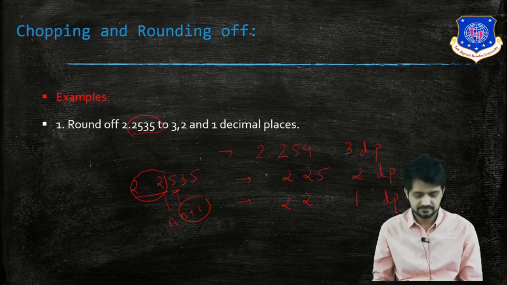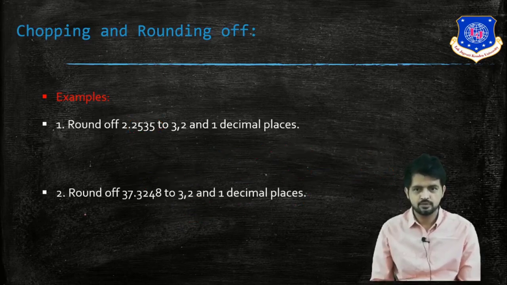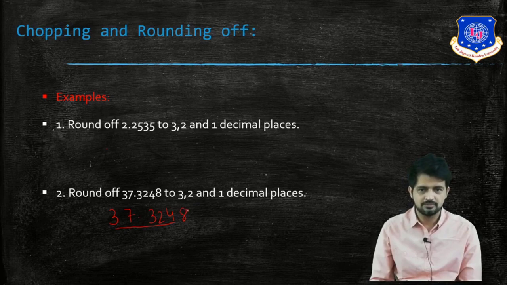Clear? Next example, you have to round off the number 37.3248 to 3, 2 and 1 decimal places. So we will solve it very quickly. First of all, I am writing the number here, 37.3248 up to 3 decimal places. So we have to consider up to this. This is our n plus 1th digit.